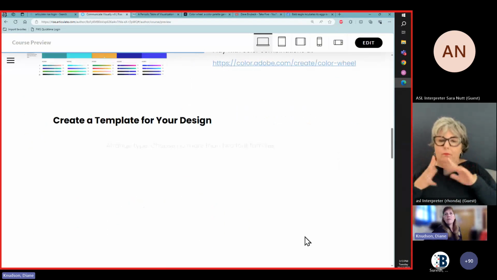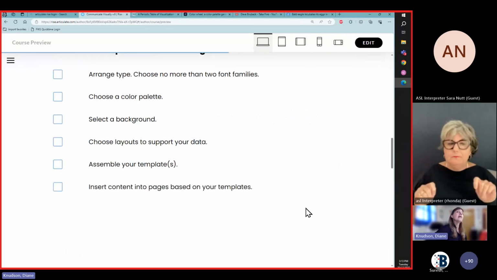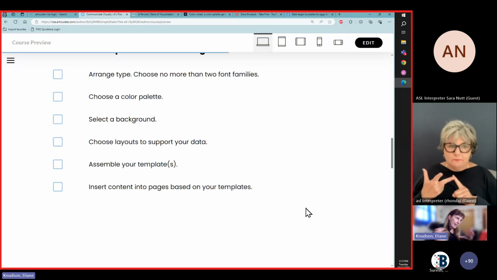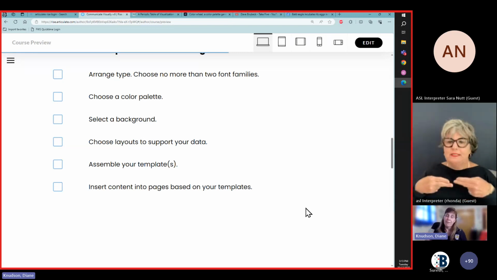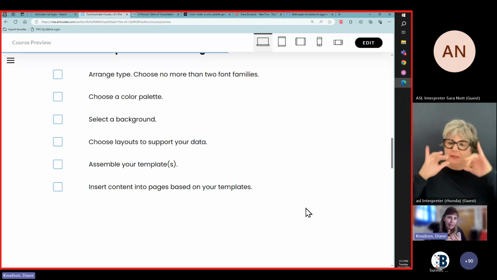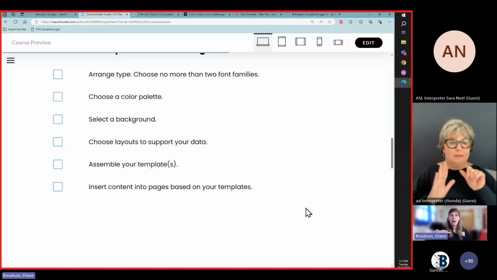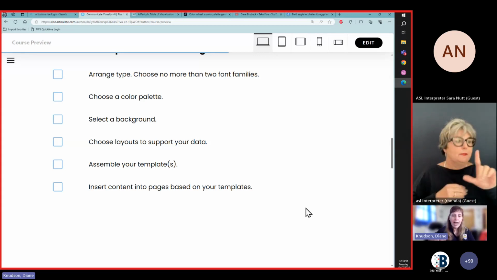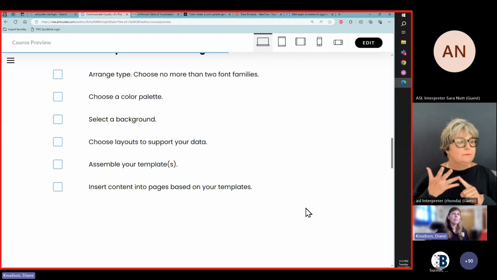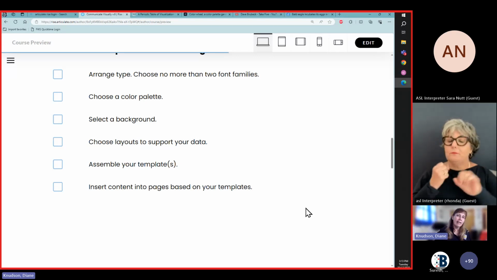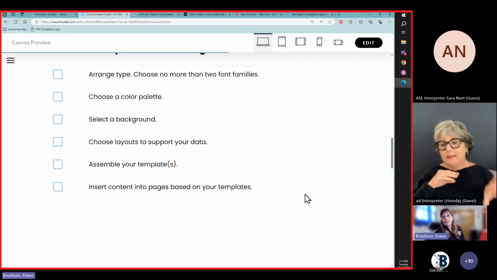We've done that. Create a template for your design, so your slides have a uniform look and feel. Choose a background that's not too busy. Think about our minimalist design examples and choose layouts that support your data, and then insert content based on your templates.